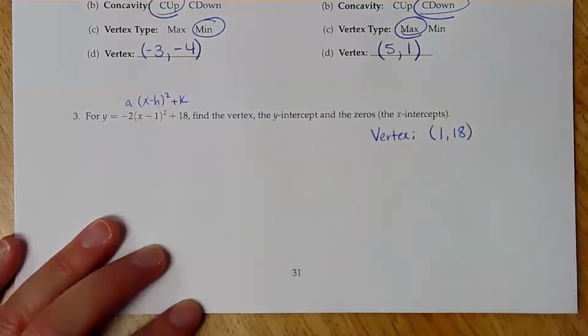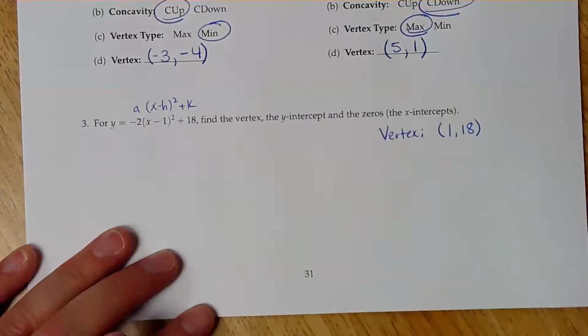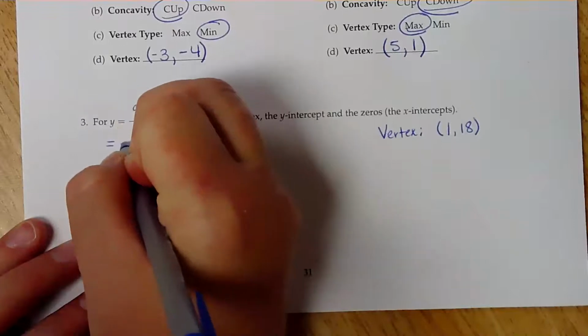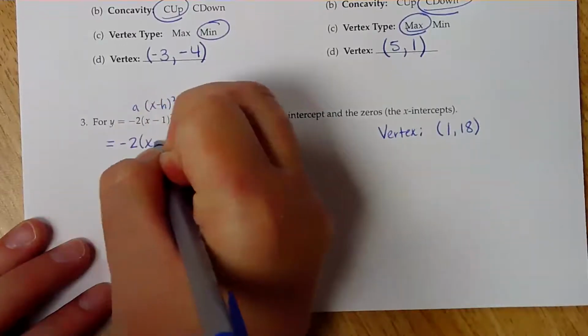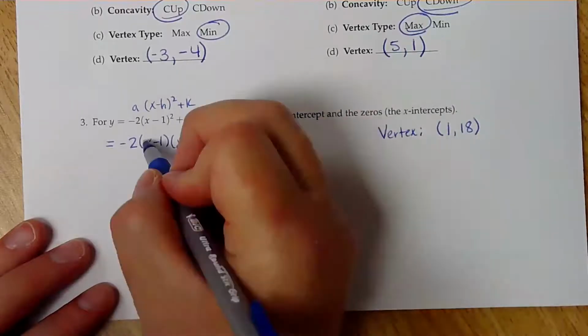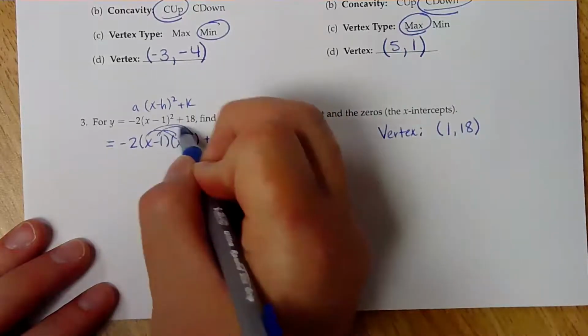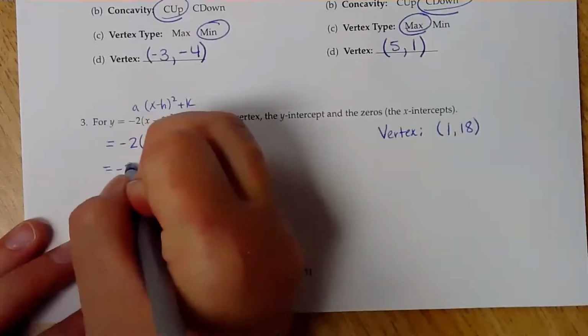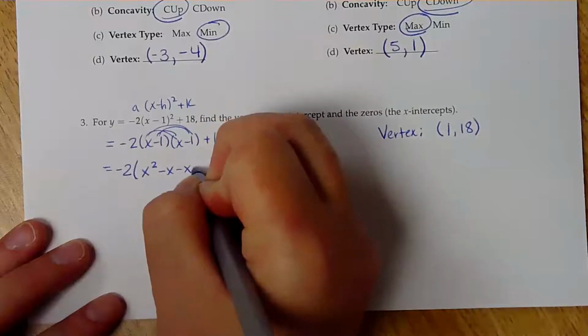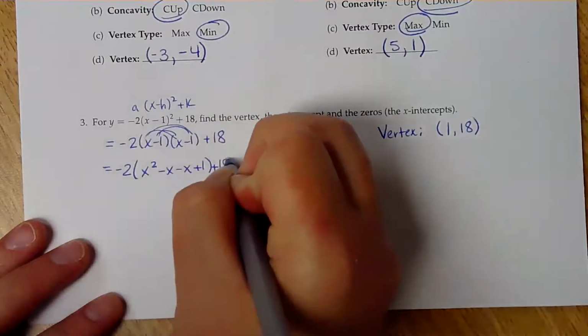And then to do the y-intercept and the x-intercept, I want to take this out of vertex form and put it into standard form, so it's a little easier to see what I have and to use some other techniques. So this is -2 times (x minus 1) times (x minus 1) plus 18. We'll need to FOIL this out, right? Those 4 pieces give me x squared minus 2x plus 1, plus 18.